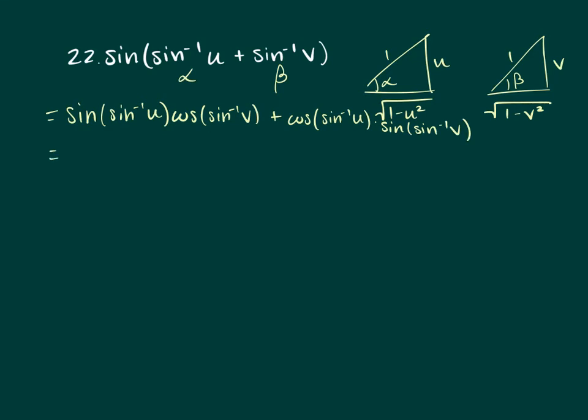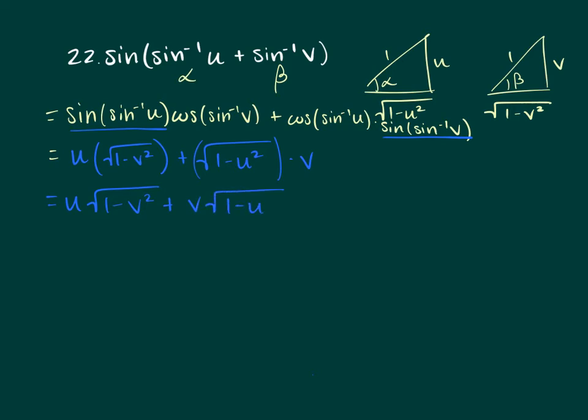By properties of inverses, this first sine of sine inverse of u is just going to be u. Cosine of sine inverse of v is going to be square root 1 minus v squared, because it's adjacent over hypotenuse, which is 1, plus cosine of sine inverse of u is going to be square root 1 minus u squared. And by properties of inverses, sine of sine inverse of v is going to be v. So I get u square root 1 minus v squared plus v square root 1 minus u squared.